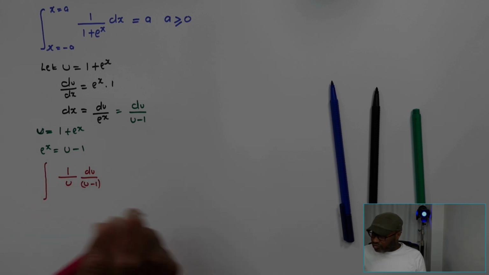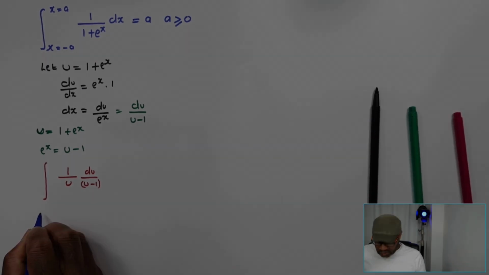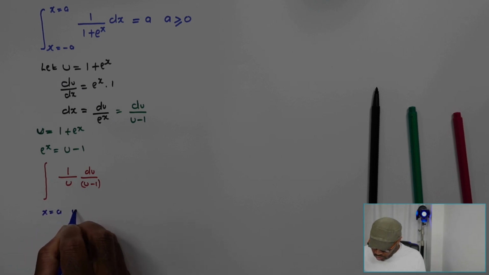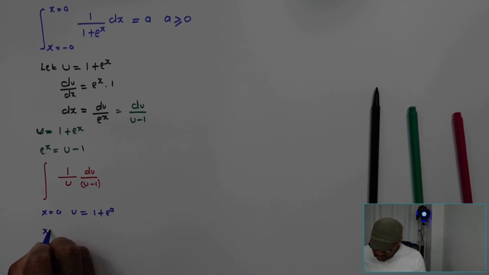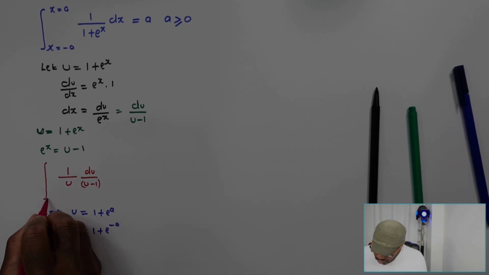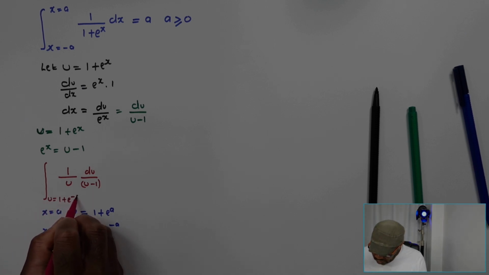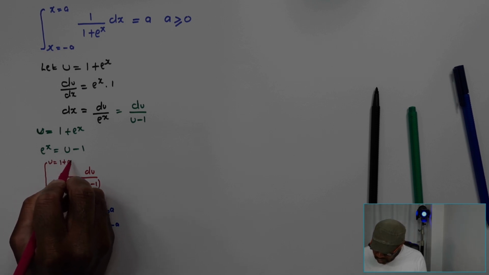For the boundary condition, when x is equal to a, u will be equal to 1 plus e to the power a, and when x is equal to minus a, u will be equal to 1 plus e to the power minus a. So the lower limit is u equals 1 plus e to the power minus a, and the upper limit is u equals 1 plus e to the power of a.